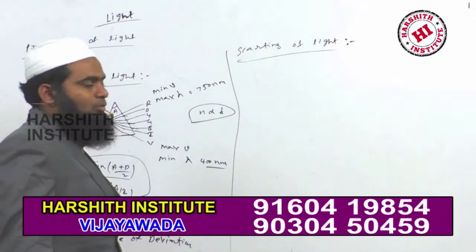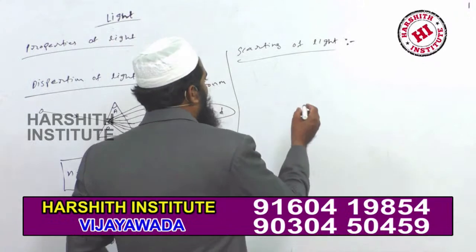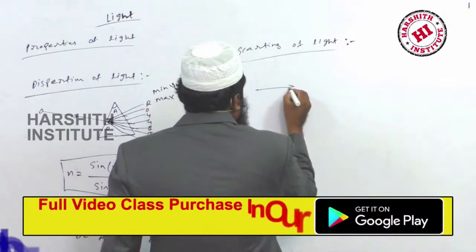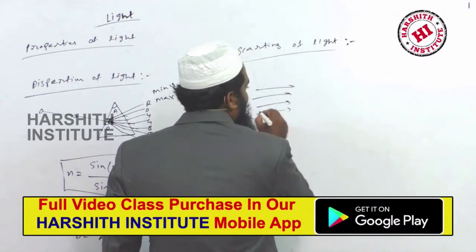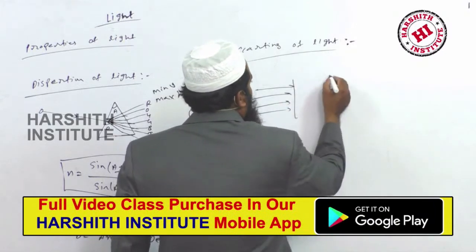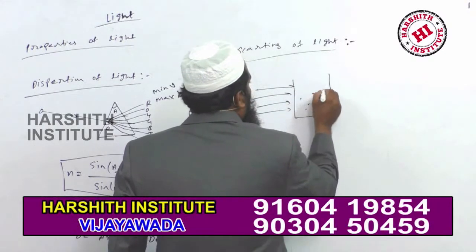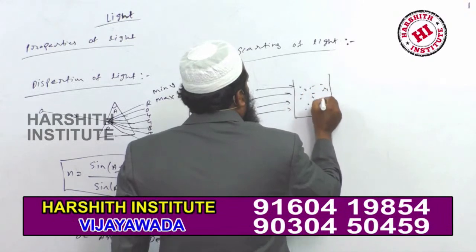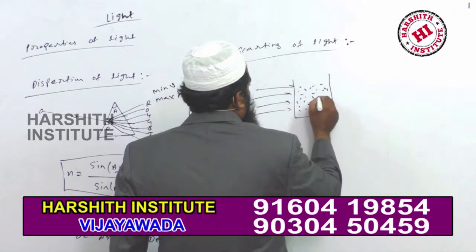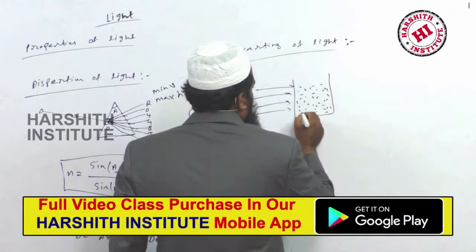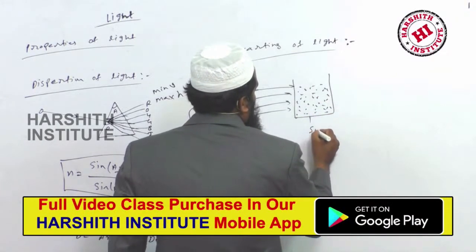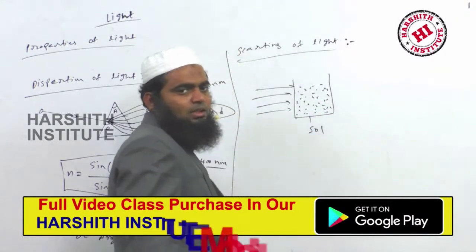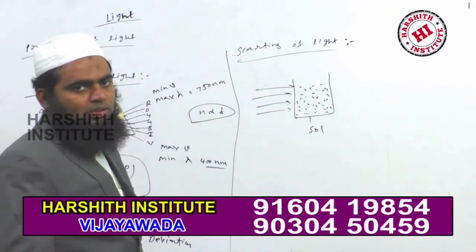Now scattering of light is defined as follows: when a beam of light touches a colloidal solution, a sol, it will split in all directions.